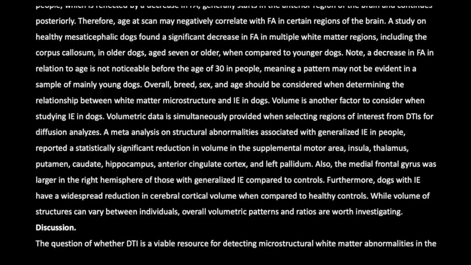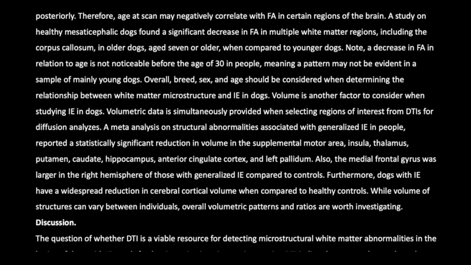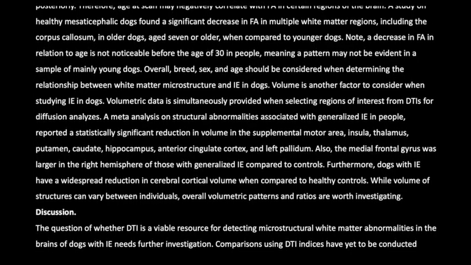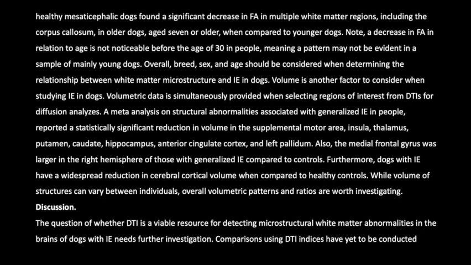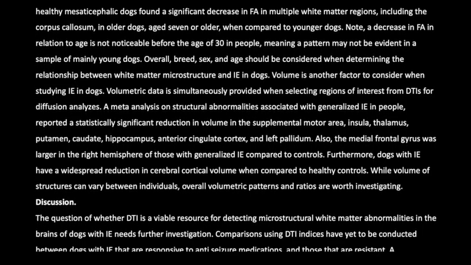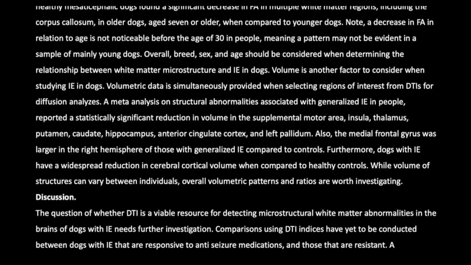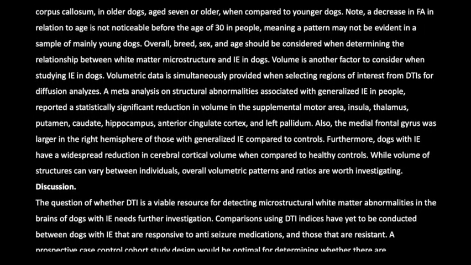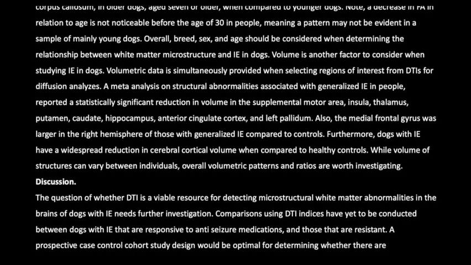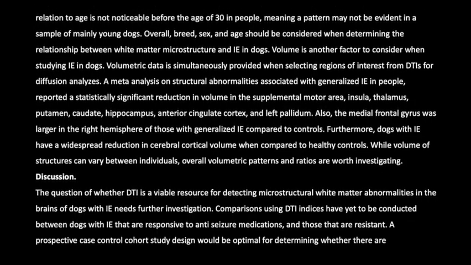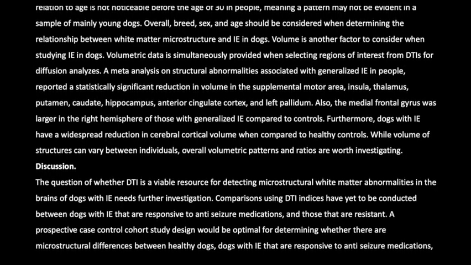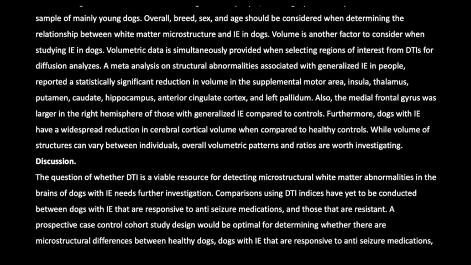Volume is another factor to consider when studying IE in dogs. Volumetric data is simultaneously provided when selecting regions of interest from DTIs for diffusion analyses. A meta-analysis on structural abnormalities associated with generalized IE in people reported a statistically significant reduction in volume in the supplemental motor area, insula, thalamus, putamen, caudate, hippocampus, anterior cingulate cortex, and left pallidum.